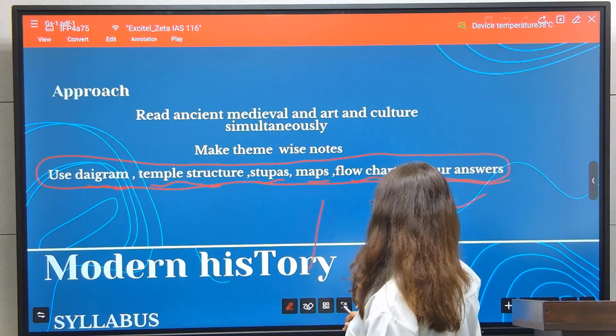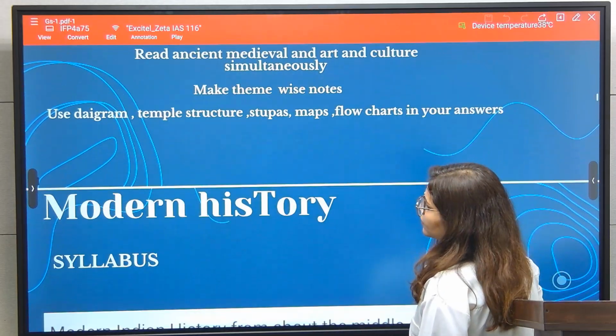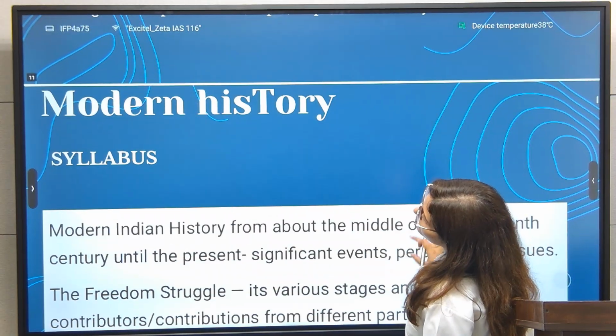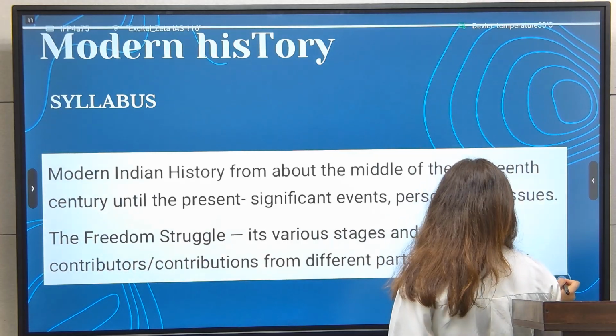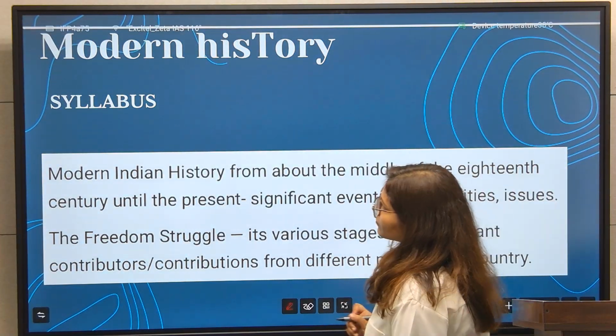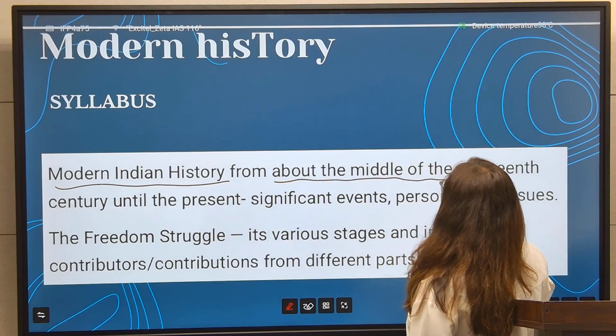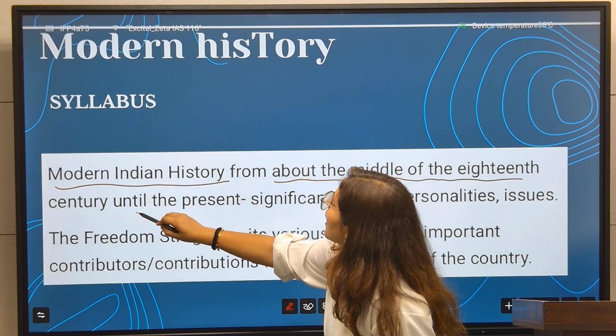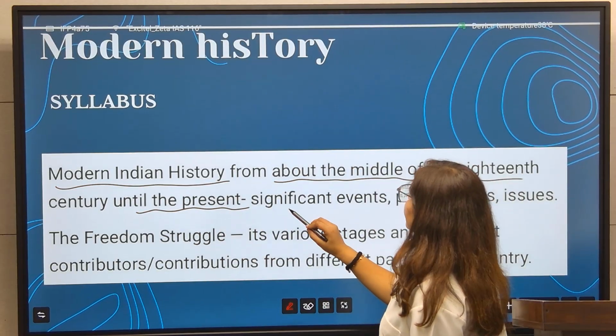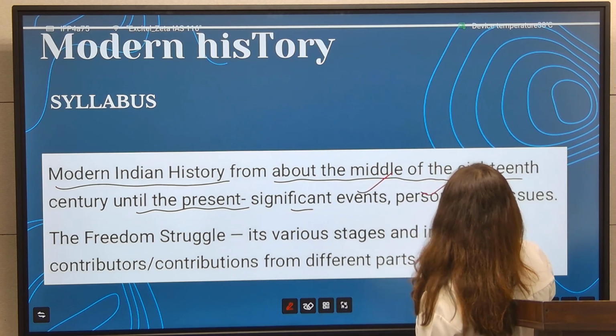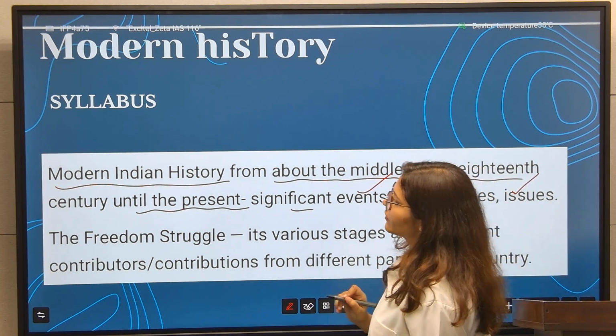Now we come to the modern history part. So let's see the syllabus of modern history. Modern Indian history from about the middle of the 18th century until the present: significant events, personalities, issues.